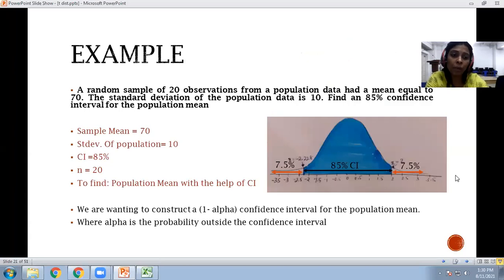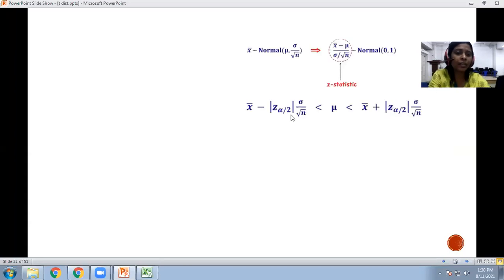You will not divide by 2. We'll see problems on that, so you'll understand when to use alpha by 2 and when to use alpha. For now, since we have two tails, remember that we have to use alpha by 2 into sigma by square root n. So this is just one small modification in this particular formula.